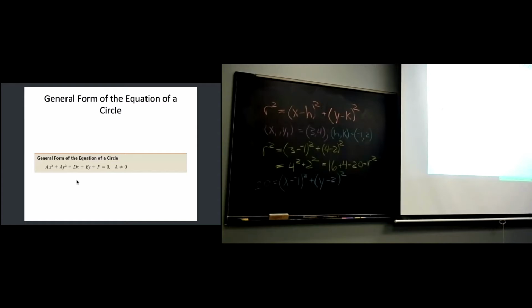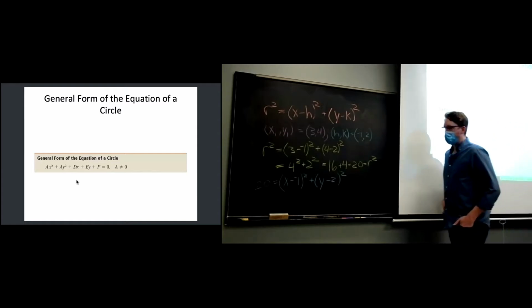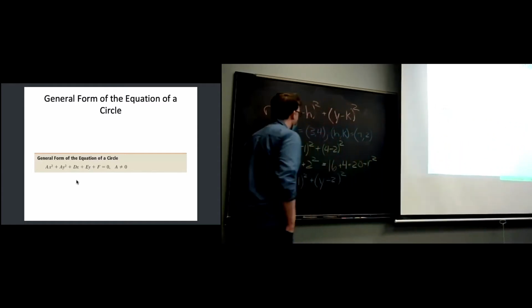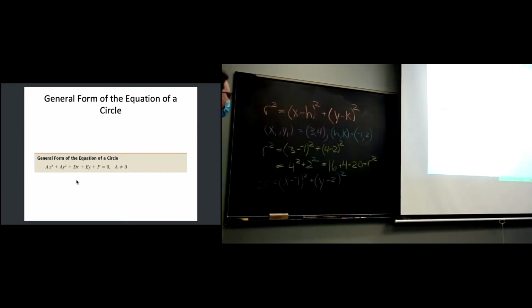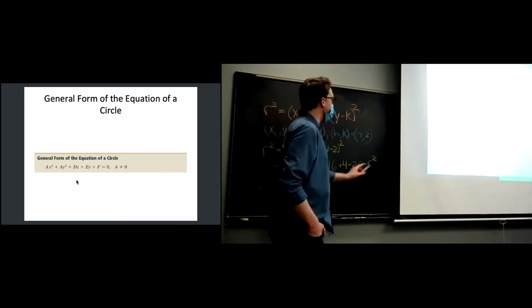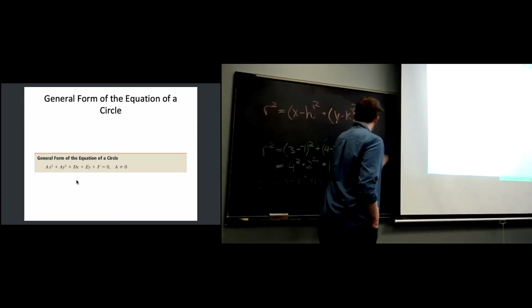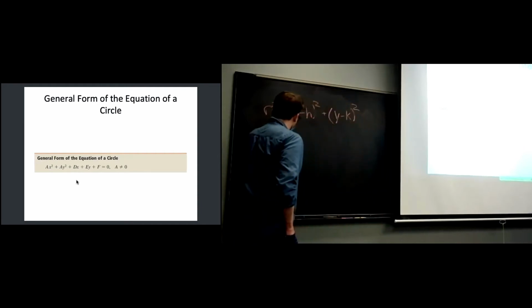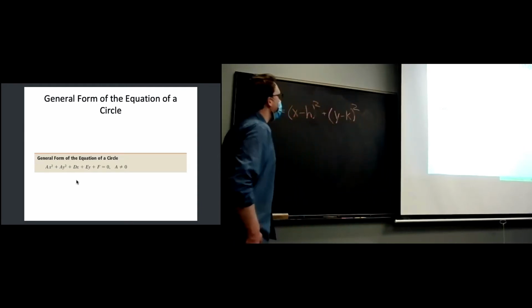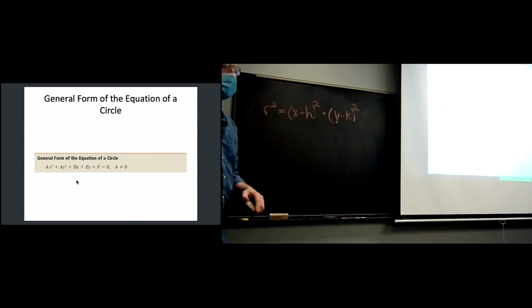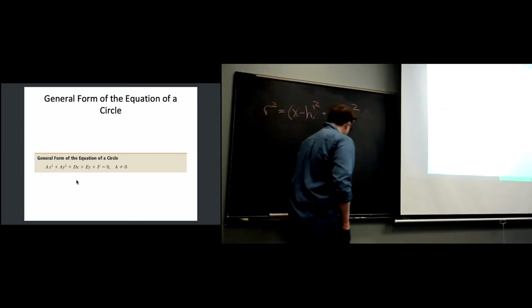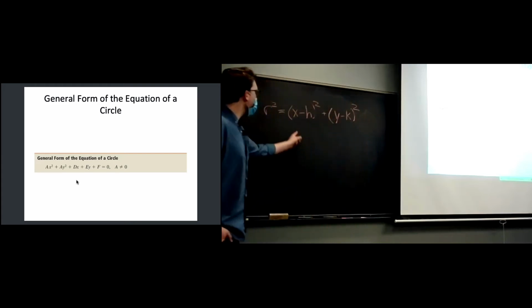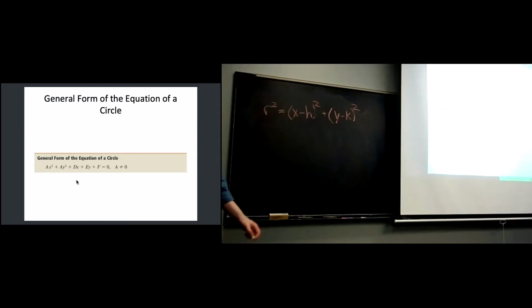We have what's called the general form of the equation of a circle. And if we look at what's happening here, we can kind of make out where this might come from. We're going to come back to just the standard form. We're going to say, hey, look at these two terms. We can expand both of those out.